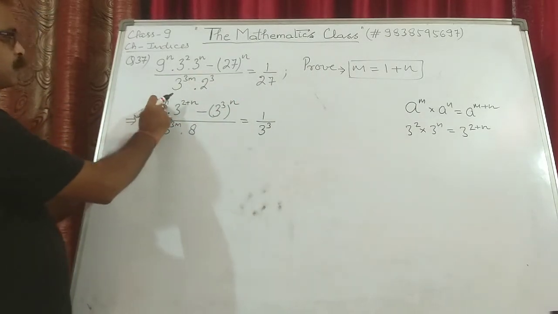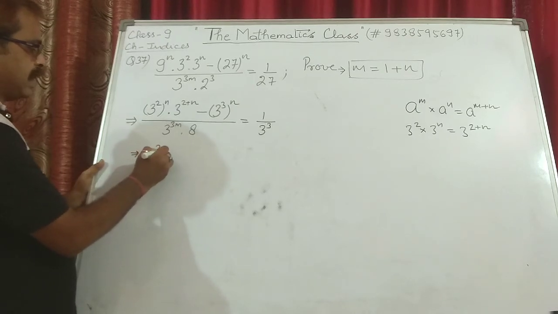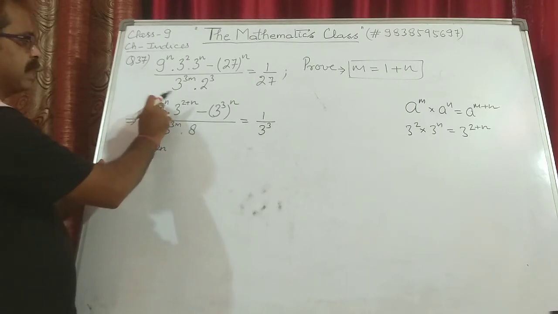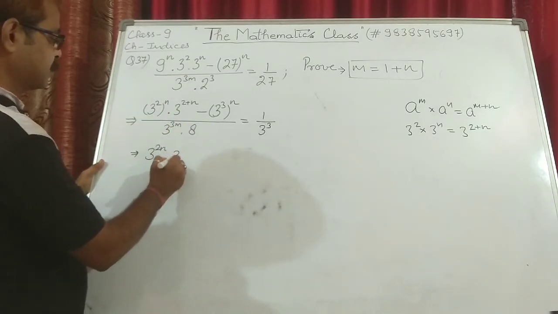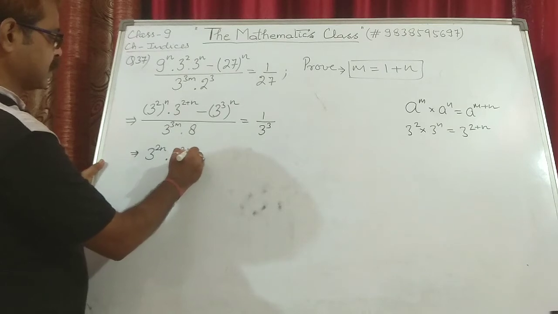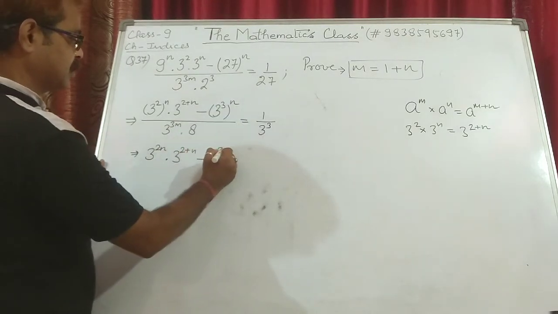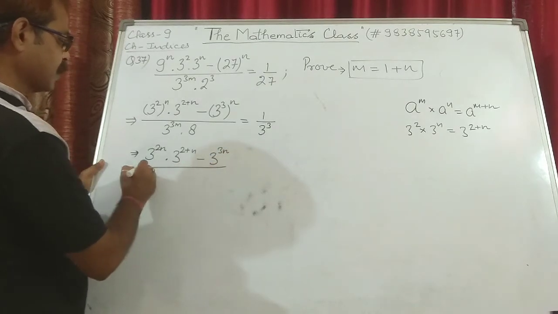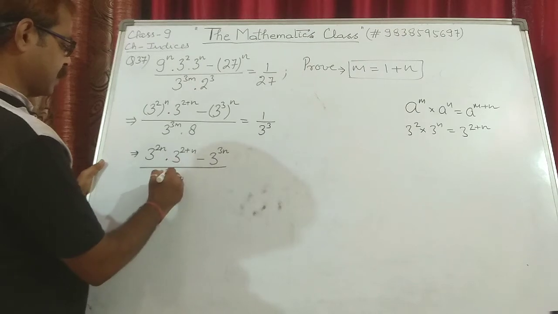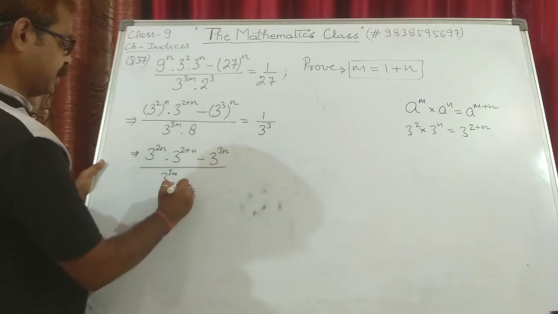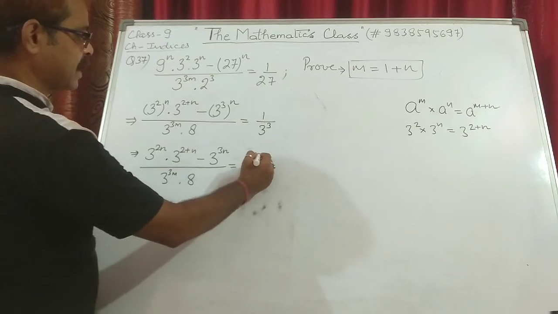Now 3 to the power 2n can be written as 3 to the power 2n. 2 and n will multiply, so you will get this into 3 to the power 2 plus n minus this will become 3 to the power 3n upon 3 to the power 3m and into 8 is equal to 3 to the power minus 3.